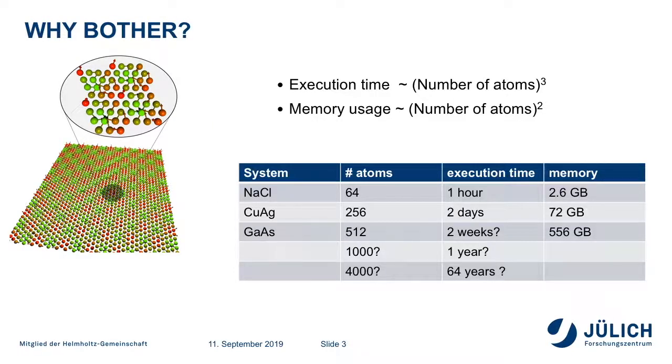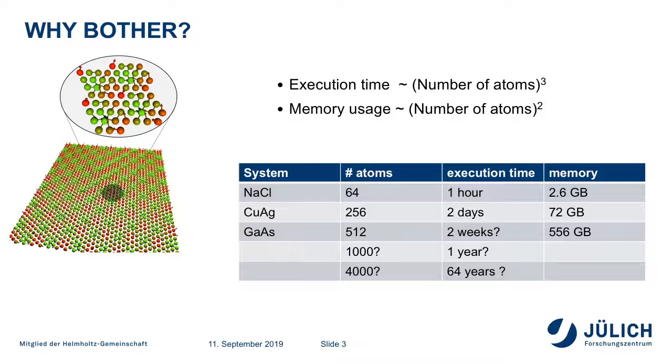But the first question: why bother actually? Why do we need this machine, or maybe we are quite happy with laptops? The main reason is that the time to solution scales cubically with the system size, with the number of atoms. Here in the table we have several examples. What would it take to converge a system if you would use only one core?